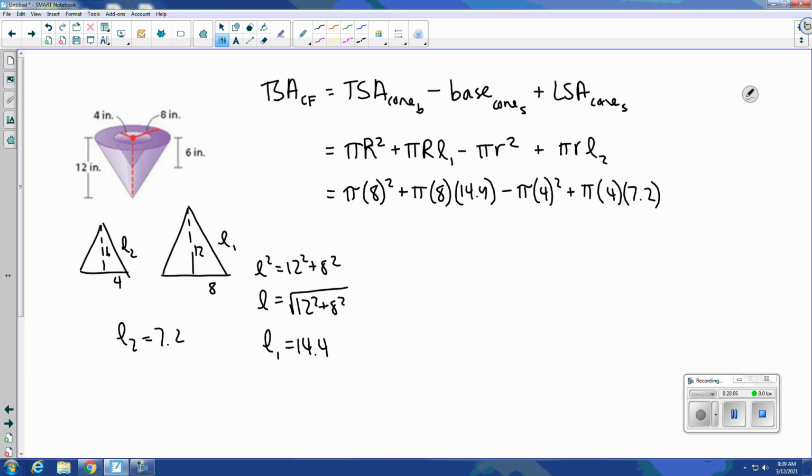All right, so let's make these computations. These are all going to be in terms of pi. So we're going to have 64 pi, 8 times 14.4 is 115.2, minus 16 pi, plus 4 times 7.2.